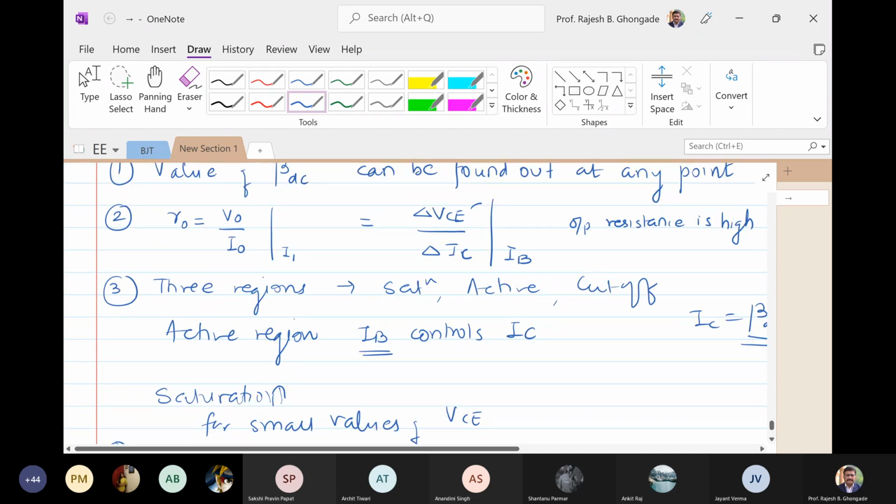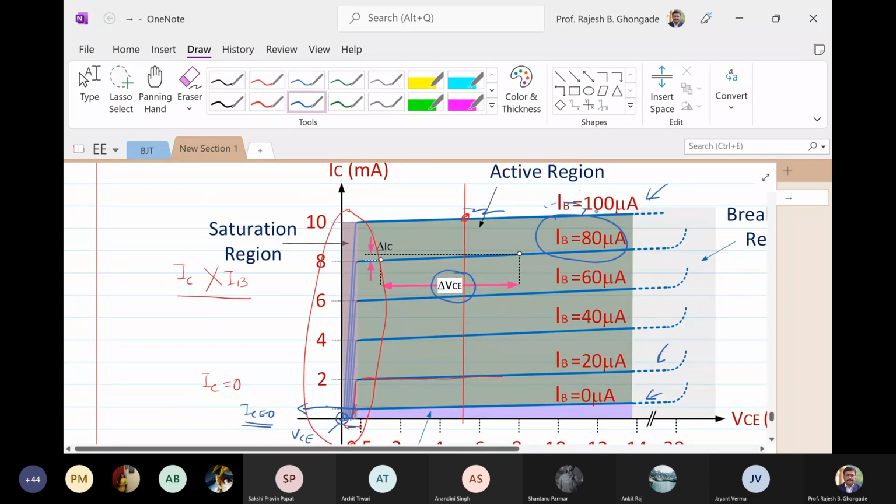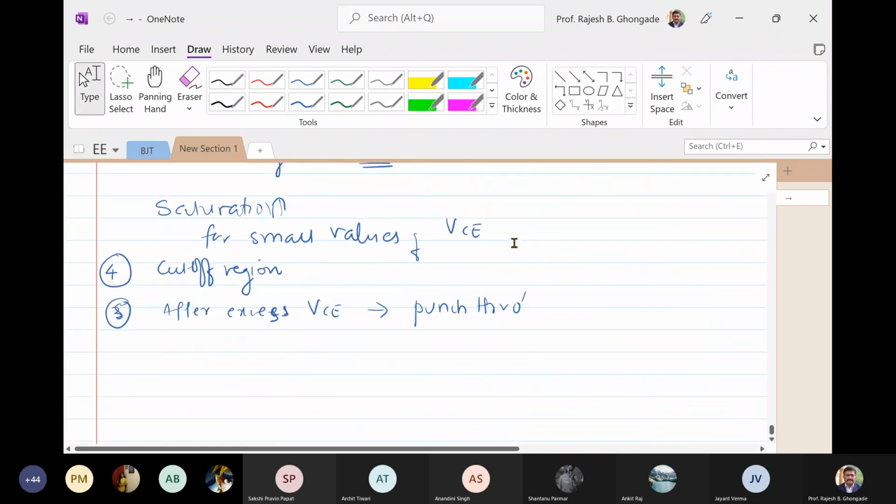And this punch through effect is causing this very large current increase. ये देखो यहाँ पे हो रहा है ये very large current increase, and this actually may destroy the device. So you should not go into this breakdown region during your operation. ठीक है? Yes, sir.